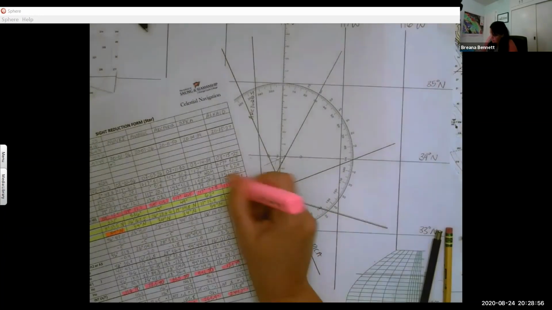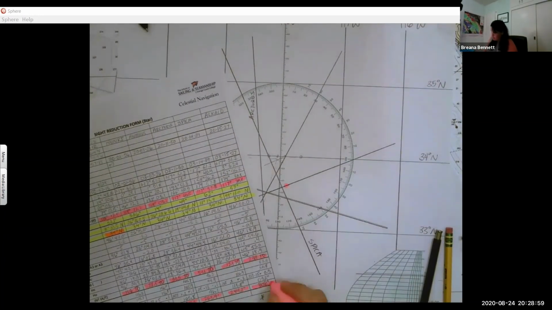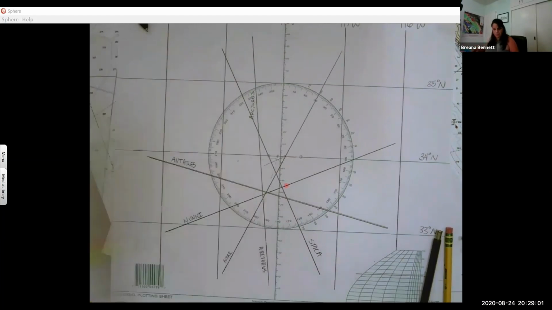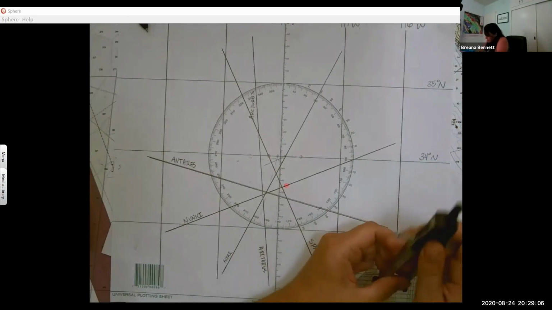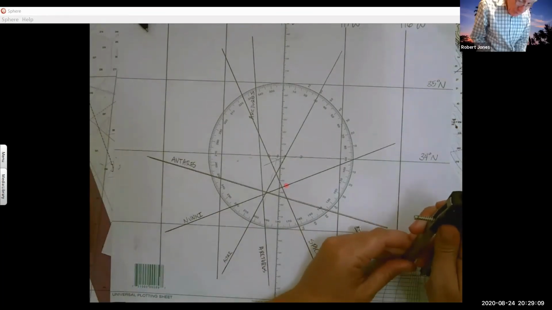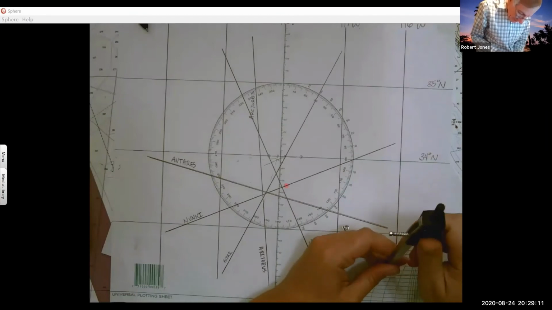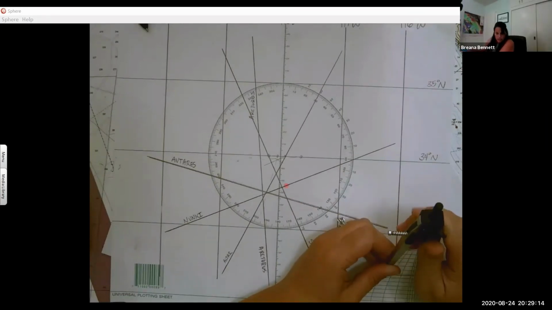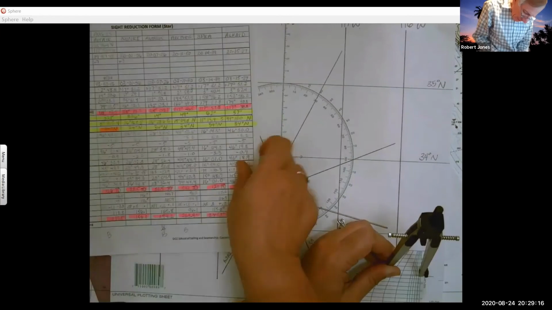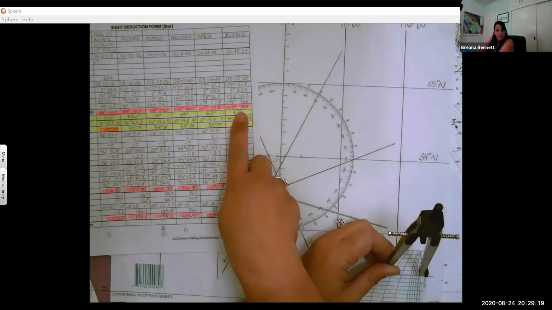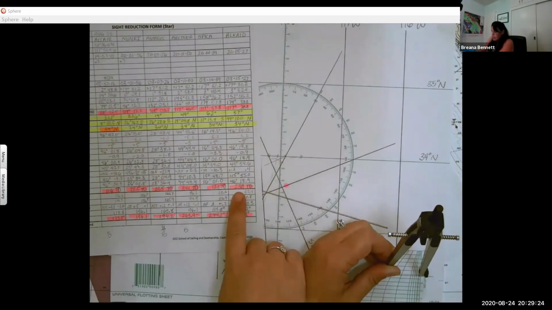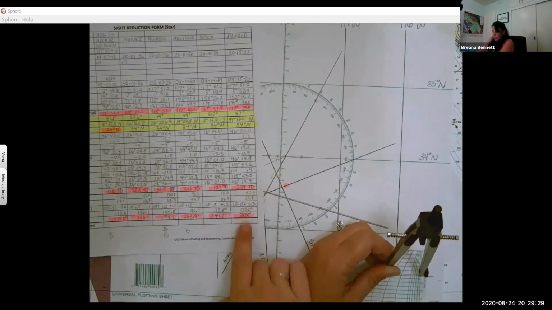We have 38, 29, 308. Sorry, what are those numbers? We have a longitude of 38.8, for 117, 38.8. And then we have an intercept of 23.9 towards, and an azimuth of 308.